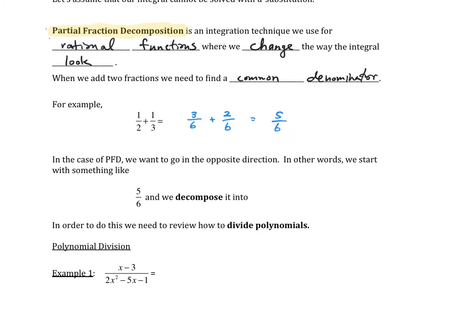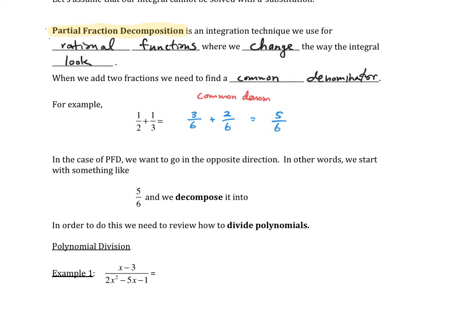So to repeat, what we did was we started off with two fractions with different denominators. Then we found a common denominator. And then once we had the common denominator, we added the numerators together to get a single fraction.